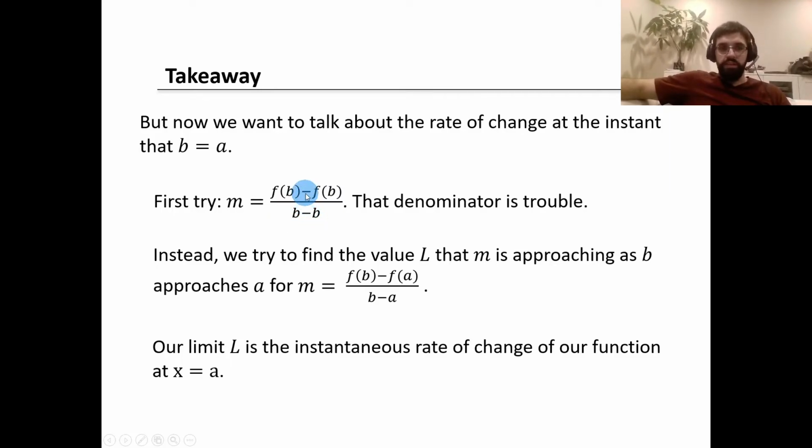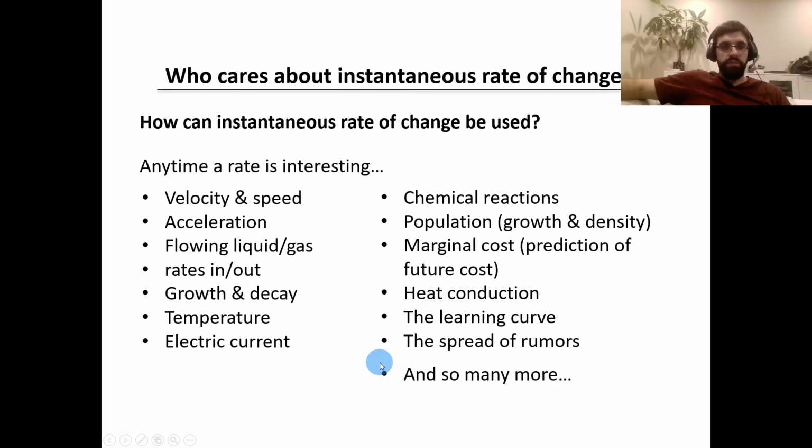And that yields an answer of 0 over 0. That doesn't help us at all. So we're using this concept of limits to figure out, as the interval approaches 0, or as a approaches b, what is going to be our slope value. And we're going to call that instantaneous rate of change.